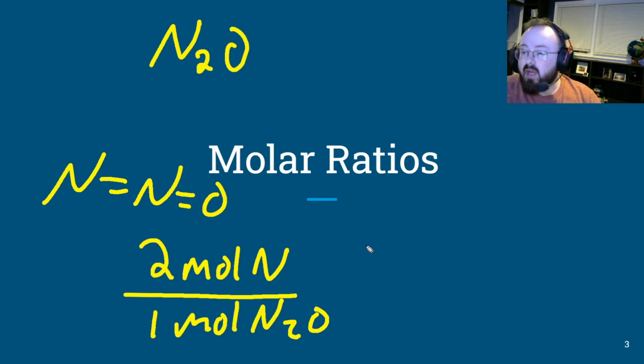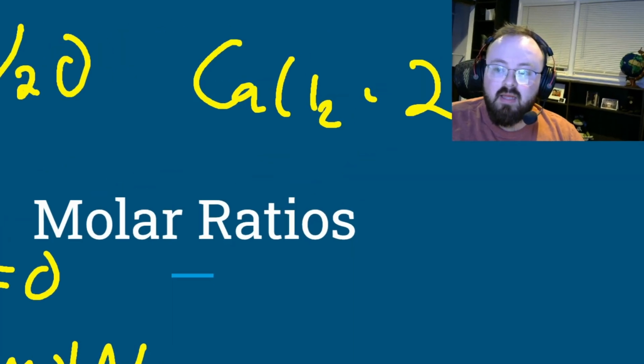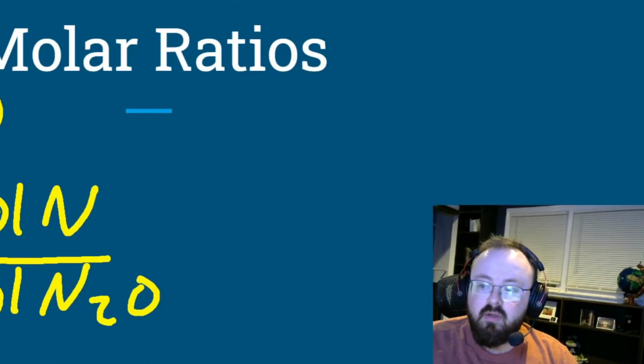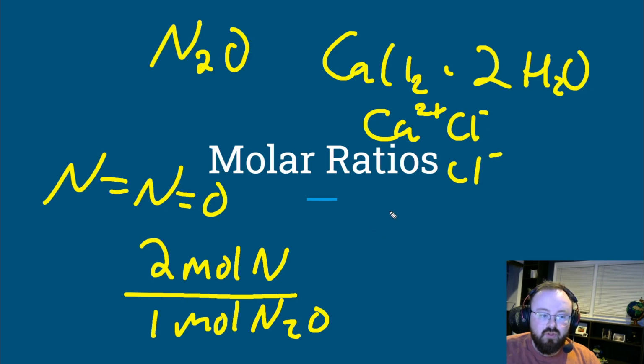We've also seen these with hydrates, bringing back hydrates. When I have something like, let's just say CaCl2·2H2O, this is the same thing as saying, I have calcium chloride, so it's 1 calcium and 2 chlorines, and I have 2 water molecules.